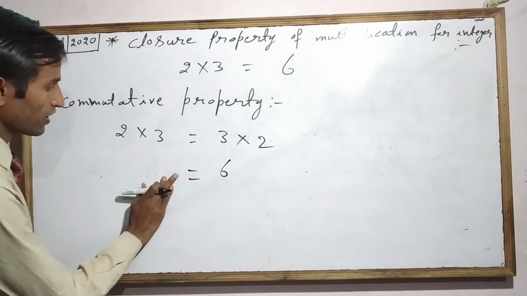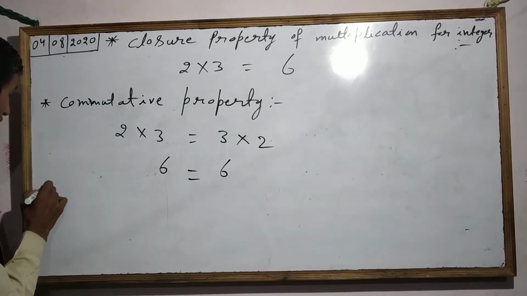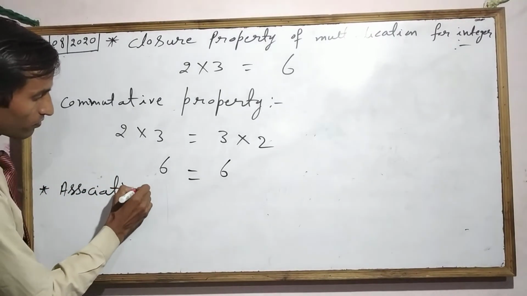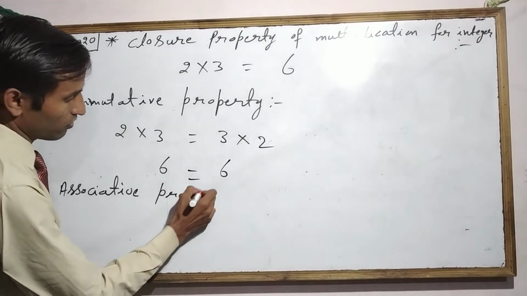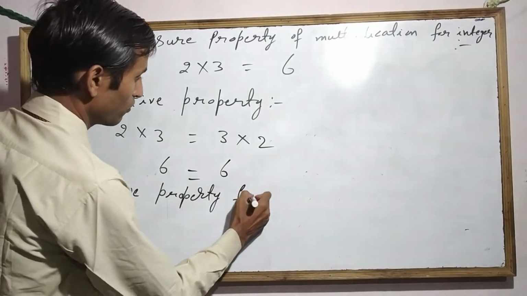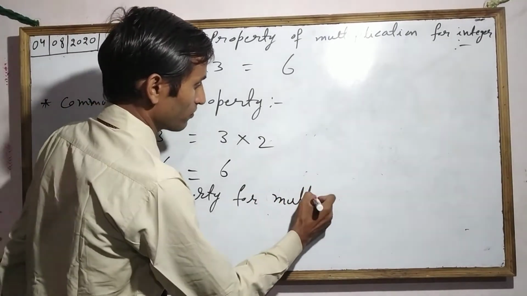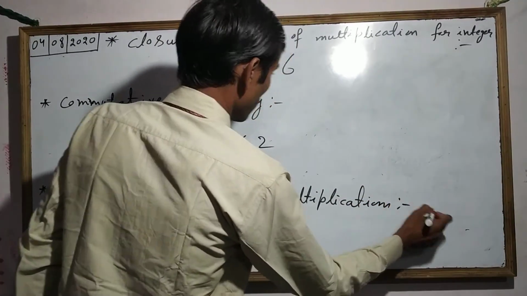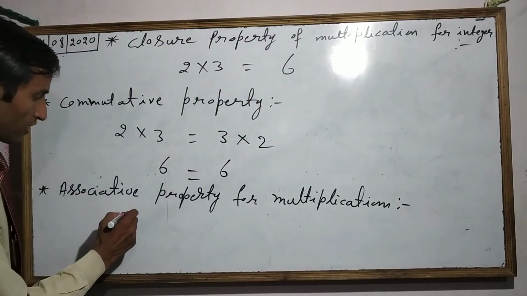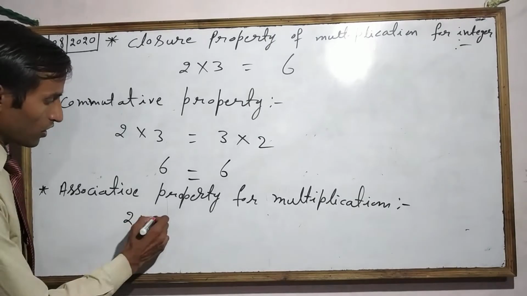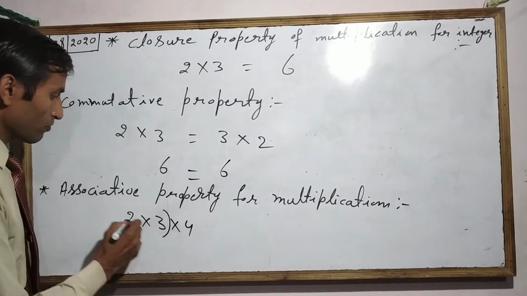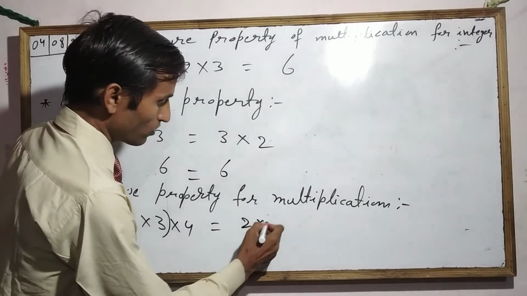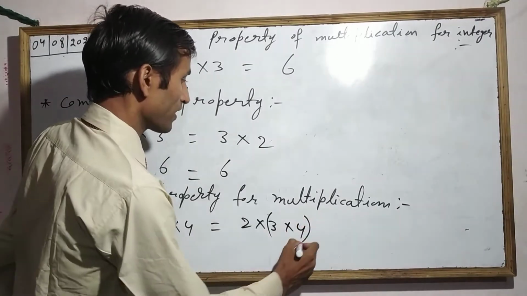Next, the third one is the associative property for multiplication of integers. In this case also we take three integers 2, 3 and 4, but we put the bracket between 2 and 3 in the first, and in the second we put the bracket between 3 and 4.